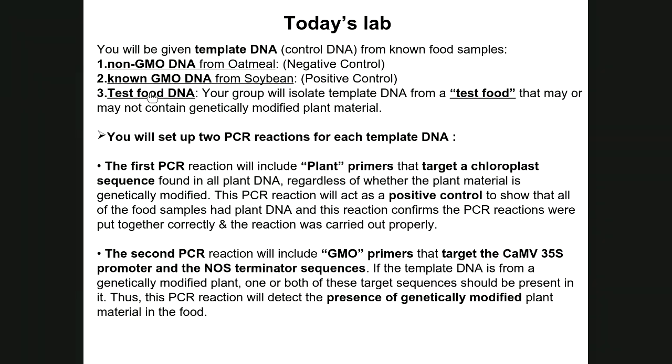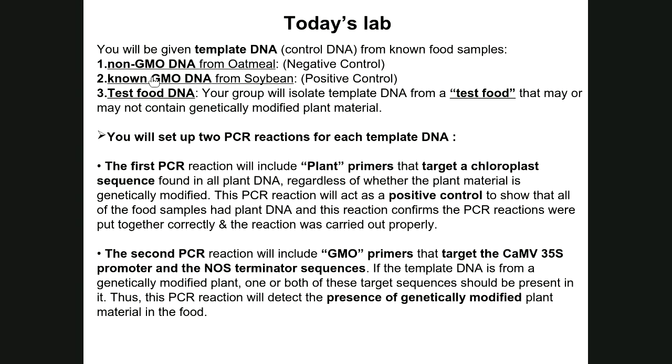Then your job would be to extract DNA from the test food, isolate DNA, and then perform a PCR reaction on that test food to determine if that test food is from a GMO plant source or if that test food was derived from a non-GMO plant source. That's the reason for using these other two.